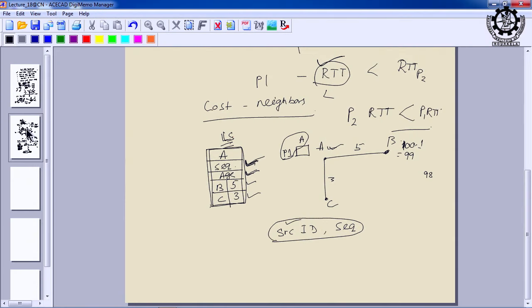Every node in a subnet maintains a routing table, which says who is my next hop or the best hop, the preferred path. Is the routing table the same as your link state table? If I say this is the routing packet and this is the LS packet, can they be the same?